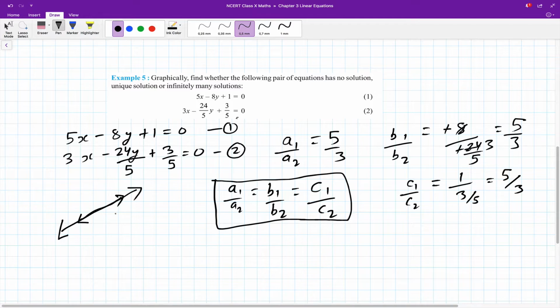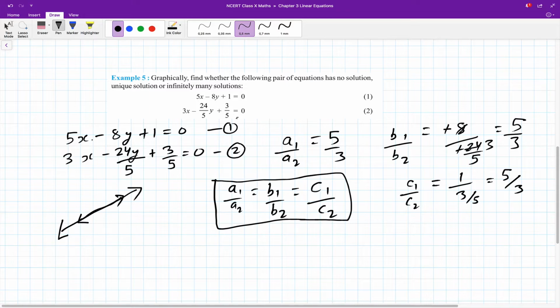You can go ahead and try to plot the graph, find some points and then plot the graph, and you'll find that they indeed form coincident lines, and there will be infinitely many solutions.